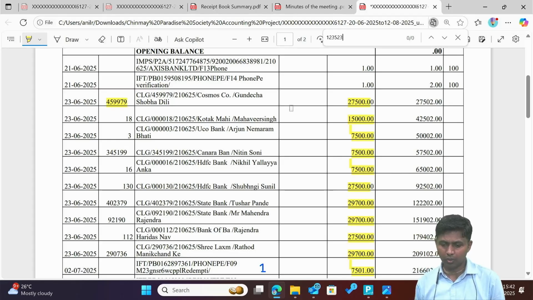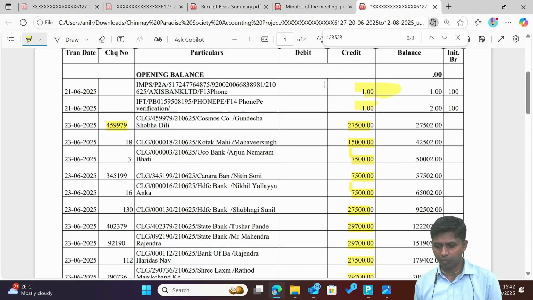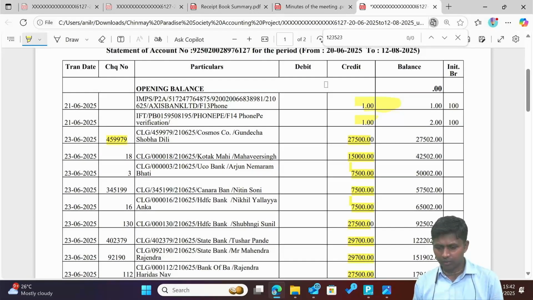The first two amounts are just for checking the PhonePe verification. They have given 2 rupees to us. Correct. In other income you can write, or in the discount also you can adjust, miscellaneous income.